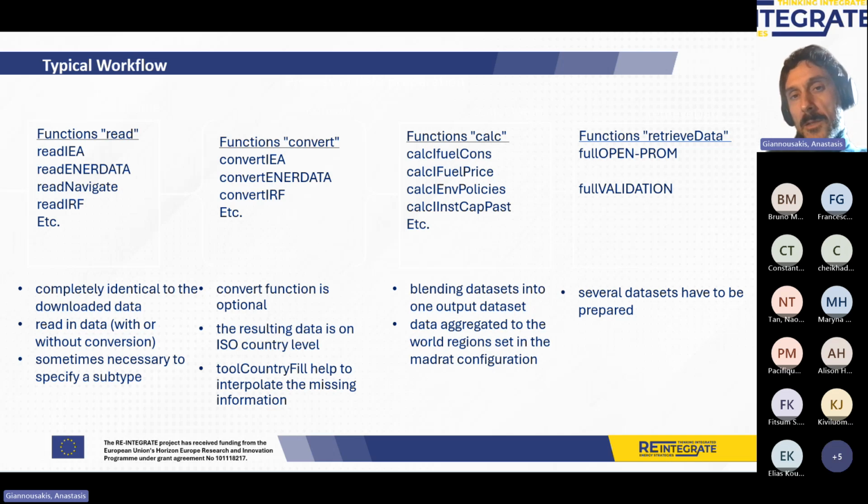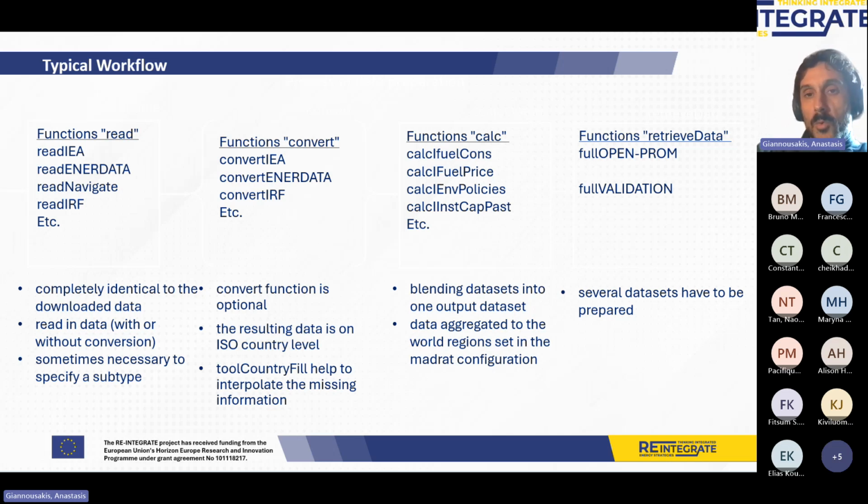And the main standard is that you will need to have data for all 249 ISO countries from the official United Nations countries list. Why is that the case? If you have global models or regional models, you will need a data set that has values for as many countries as possible.